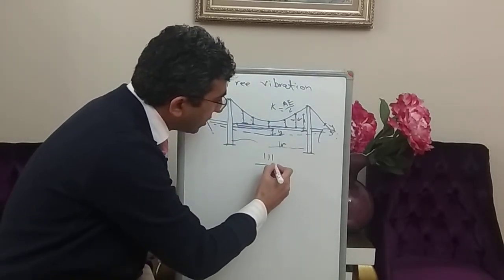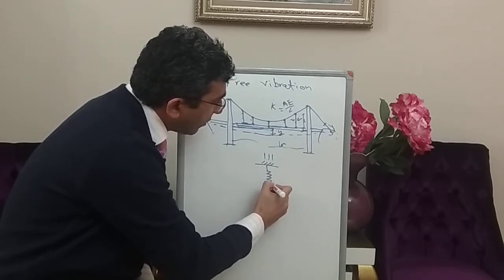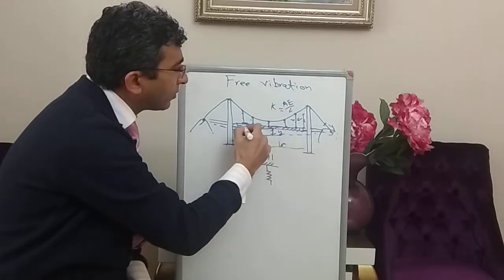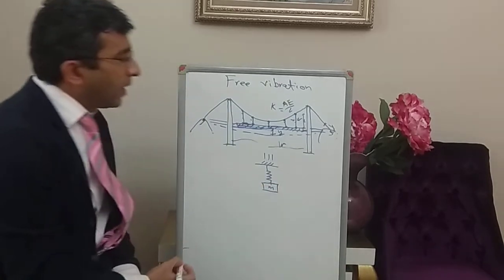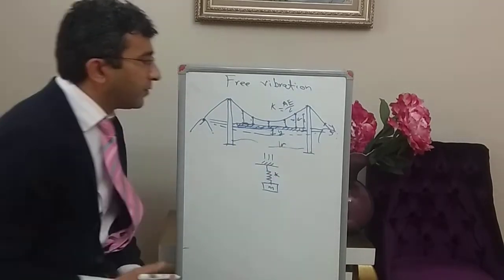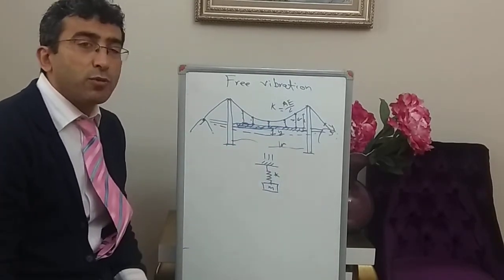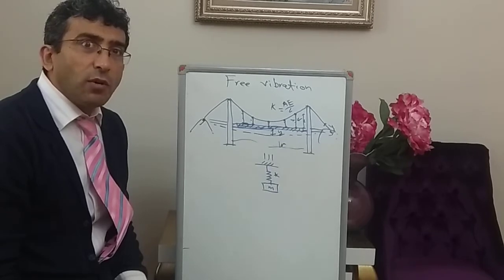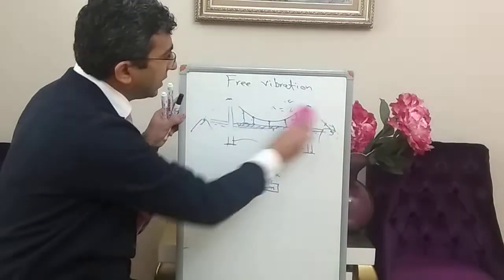So you can change this system to a single degree of freedom system for approximation. The mass is the total mass of the deck, I will call it M, and this is the K. This gives you a homogeneous differential equation, and if you solve it, you will find that the response is a kind of harmonic motion. So let us see this.